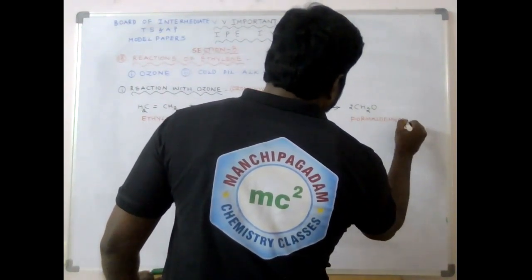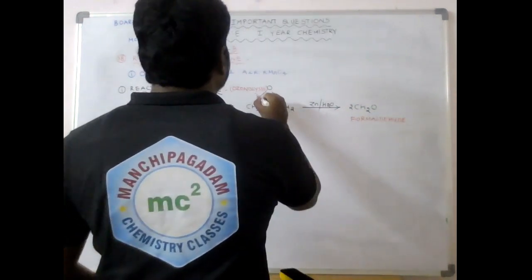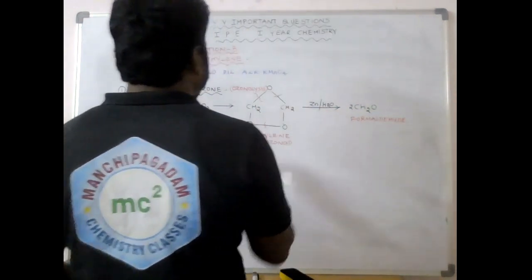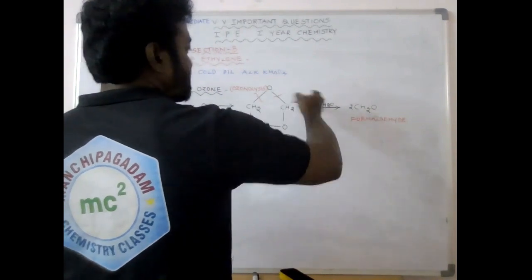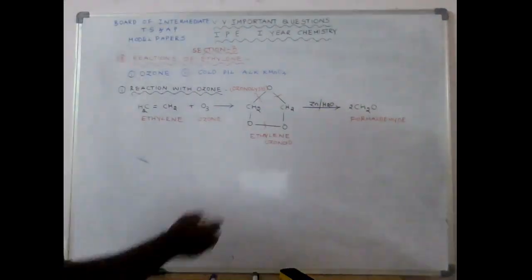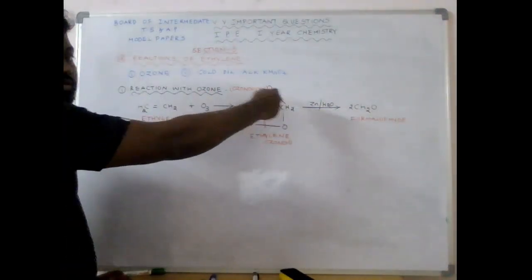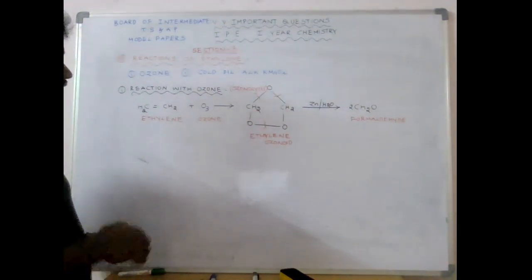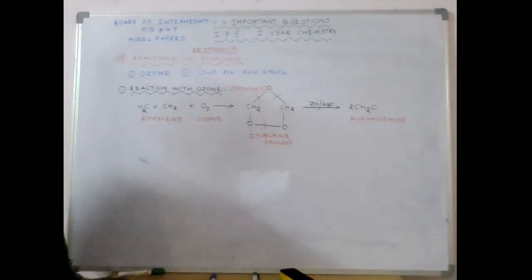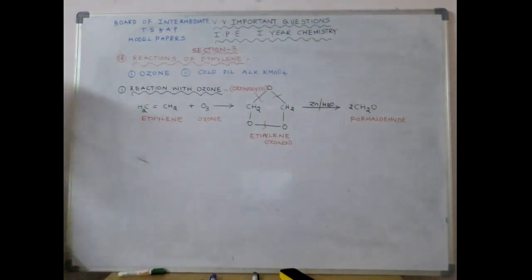You may write the statement also based on this. Here this bond will break, this bond will break, and this bond also will break. Here one CH2O, here one CH2O, both will come as 2 CH2O. Correct? How can you write the statement? He asked for reactions only. You may write the statement also to get the impression.